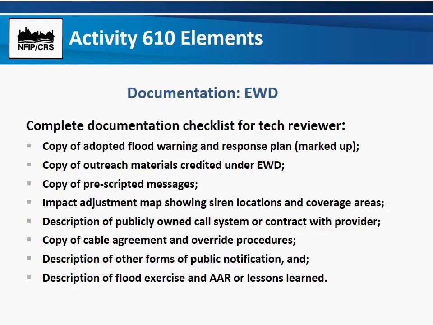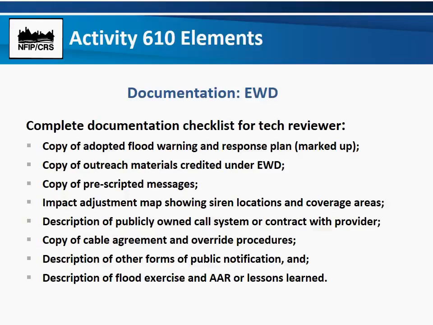You should have a map indicating the siren locations in your community and their coverage area, usually shown in a circumference diagram. A description of your publicly owned call system, whatever that may be, with a contract with that provider. A copy of a cable agreement or override procedures, or if you own your own cable television station, indications that you do use that for your emergency warning dissemination.